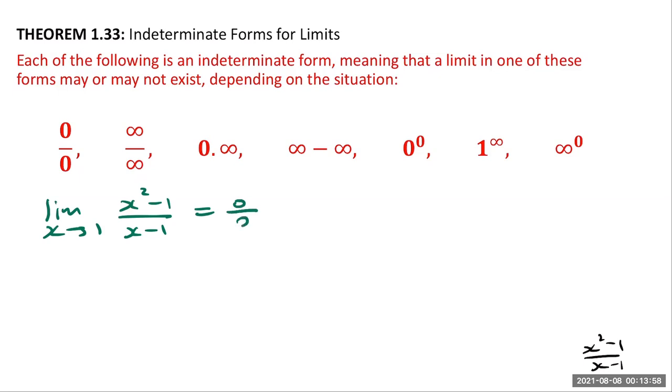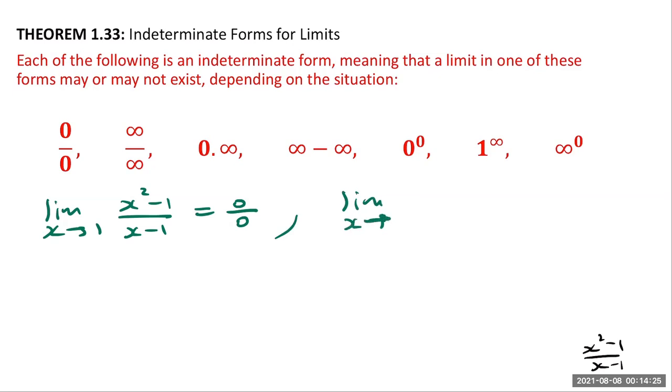In the bottom also you get 0. That means you get the 0 over 0 form. It is an indeterminate form. But the limit of this function exists by the cancellation law.